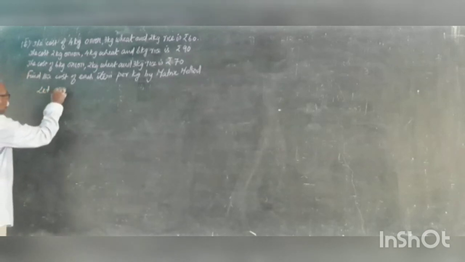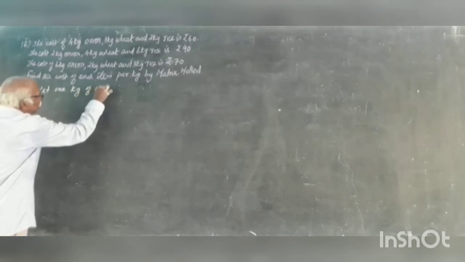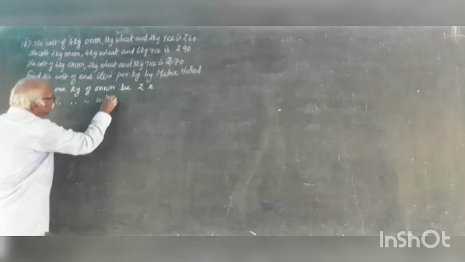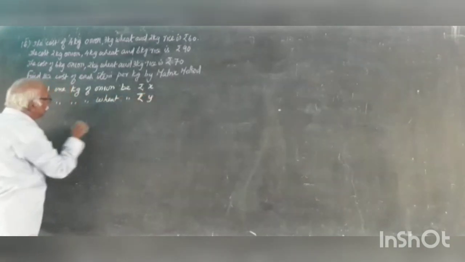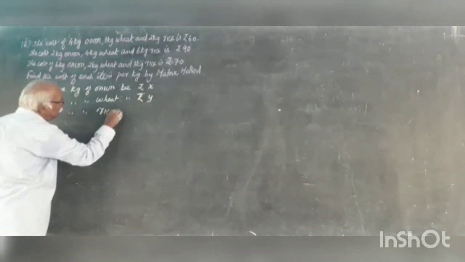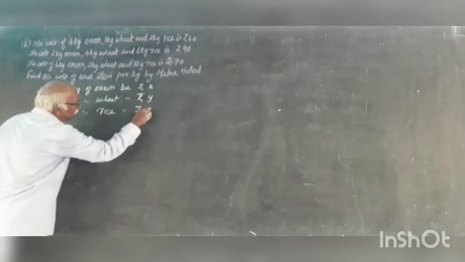Let 1 kg of onion be rupees X. Let 1 kg of wheat be rupees Y. Let 1 kg of rice be rupees Z.